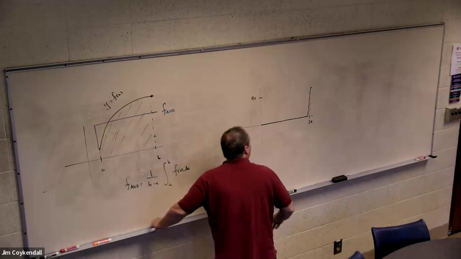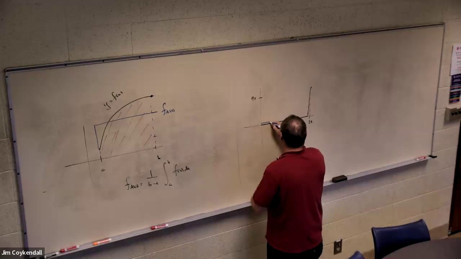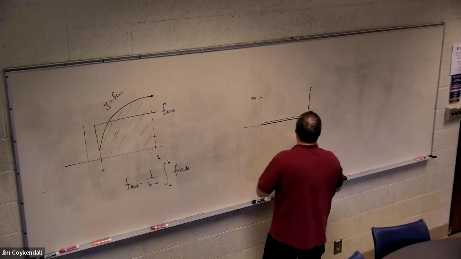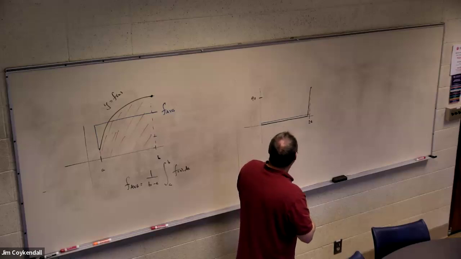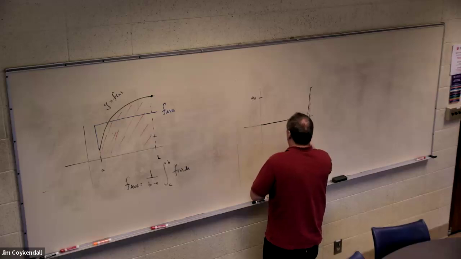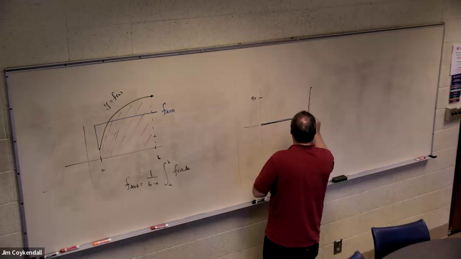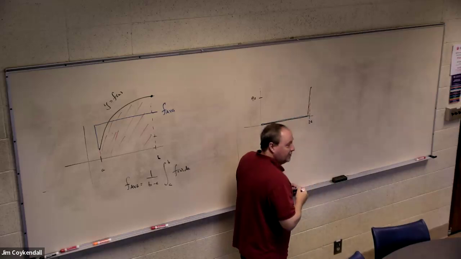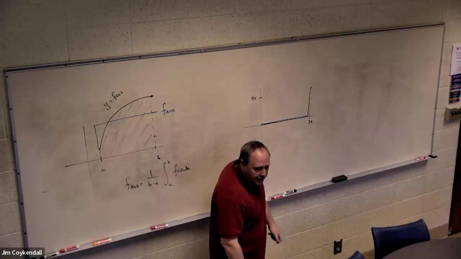And so what would the height of the rectangle be that has exactly that area? Well, in fact, that's probably even too big. I should take this down a notch. It's gotten to the point where I can't even draw it, but it's probably something like that. The average value is a little bit above zero, but not much.